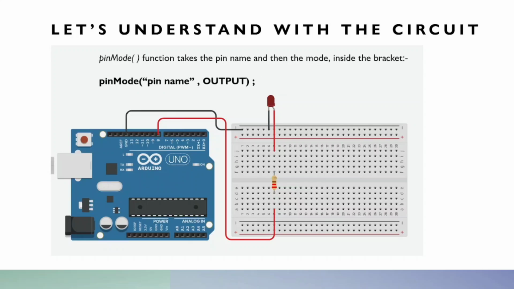Now the pinMode function takes the pin name and the mode inside the brackets. So it will be written like this: pinMode, then inside it the pin name, basically the variable that we have created for the pin, then OUTPUT or INPUT.